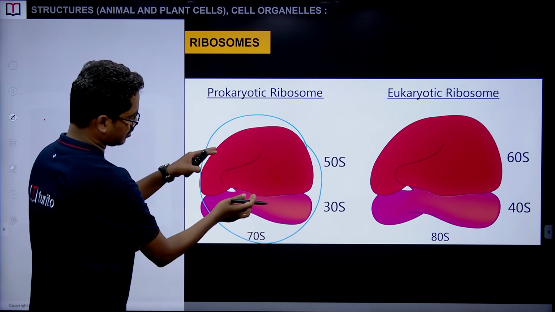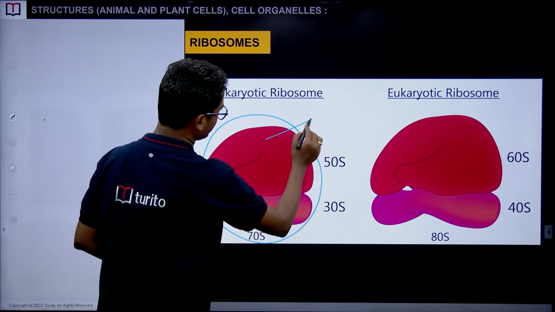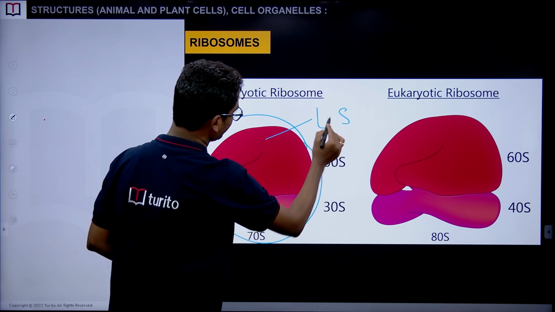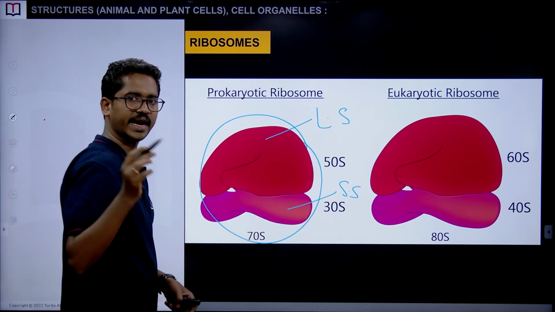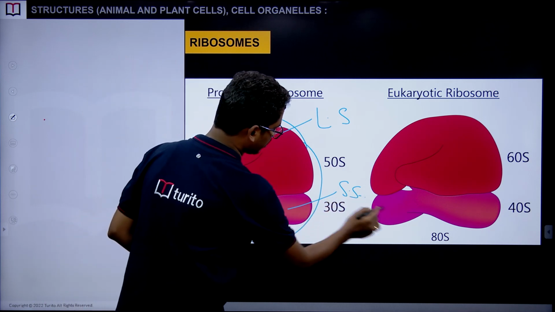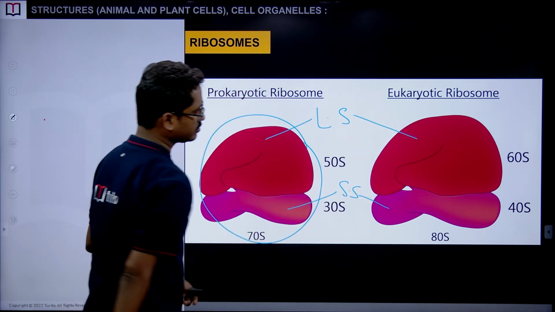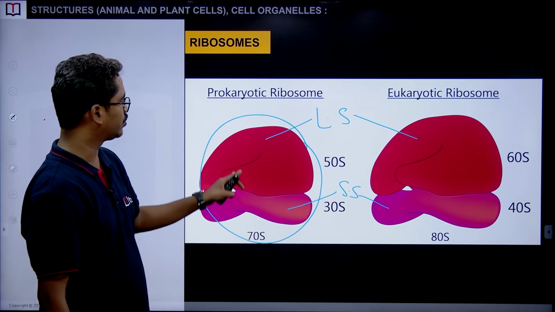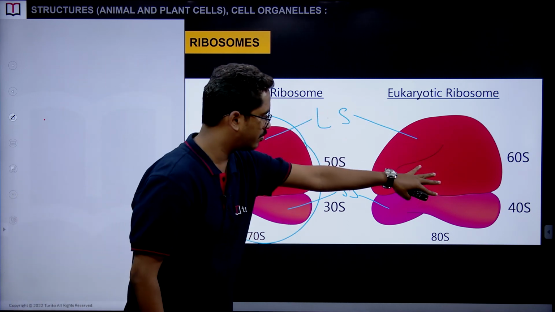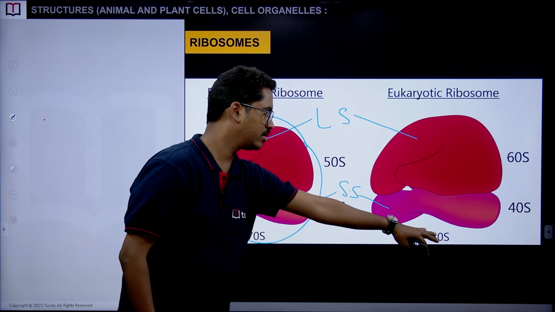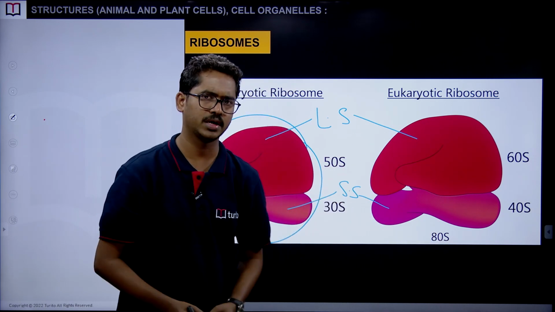As the size indicates, this is the larger subunit and this is the smaller subunit. The same stands for this ribosome also. This one is a prokaryotic ribosome, which is 70S type, and this one is a eukaryotic ribosome of the 80S type. Now, do not break your head on that S.